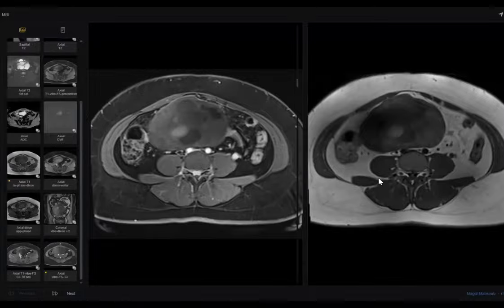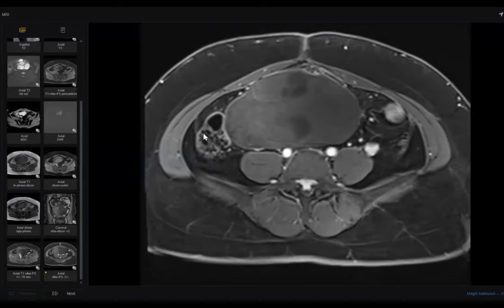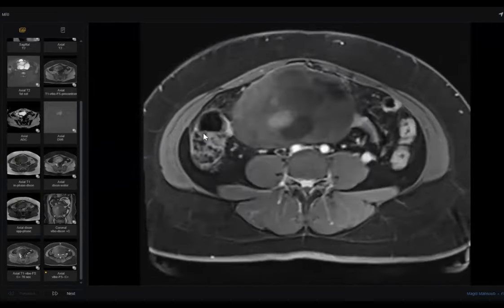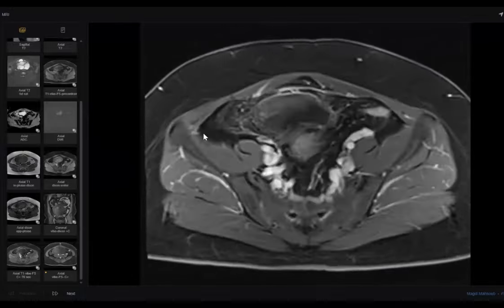So likely this is a hemorrhagic component within that lesion. So before we mention this is solid or not, we should compare with pre-contrast. Sir, this is just hemorrhage. Okay, hemorrhage. So this is not mucinous adenocarcinoma, because there is no enhancing component. Thank you, doctor, so much.